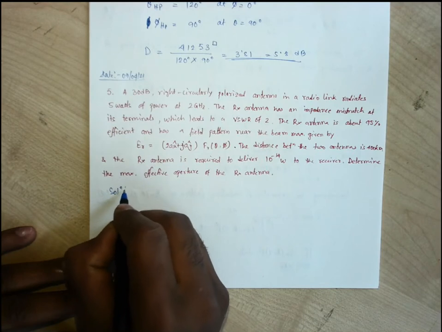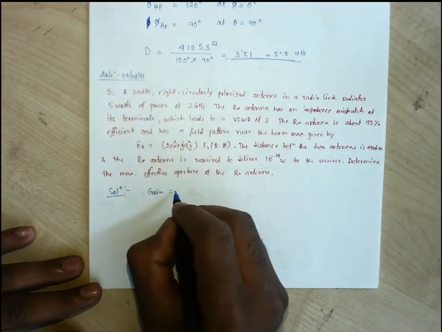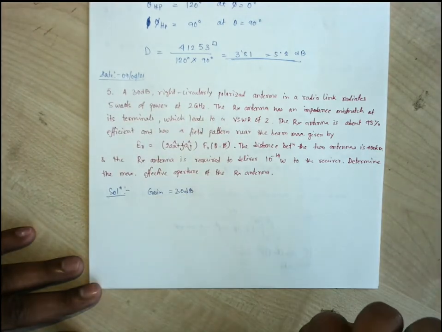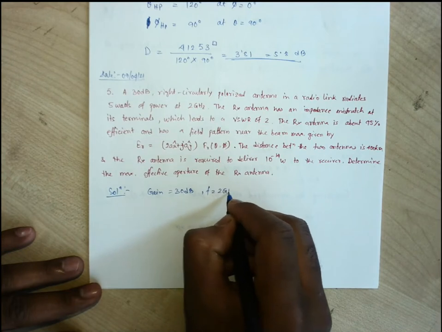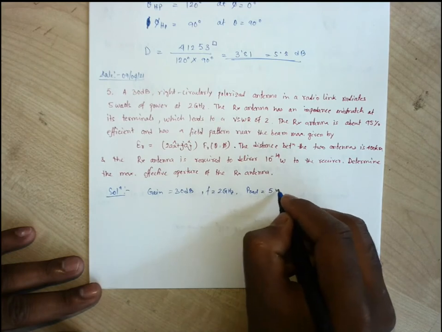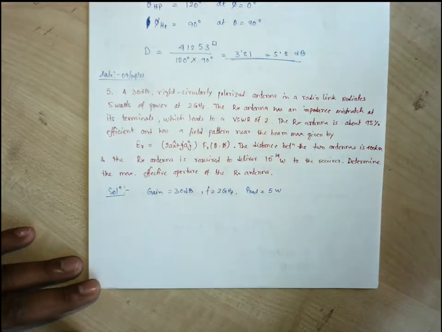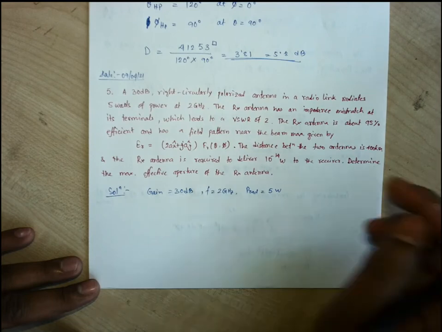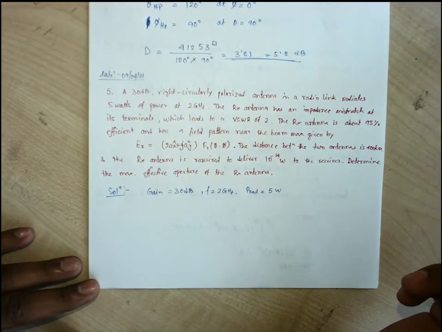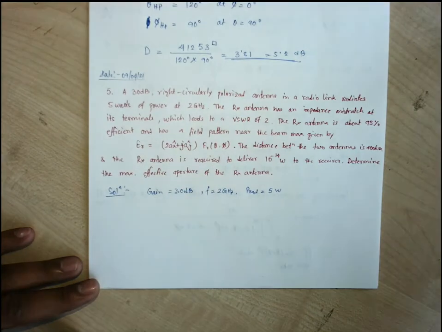So let us go with the solution for this. Here the gain is given as 30 dB. Operating frequency is 2 GHz. The radiated power is 5 watt. Though it is not specified how efficient the transmitting antenna is, we can say that the directivity is the same as the gain.